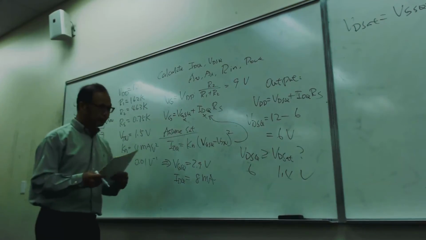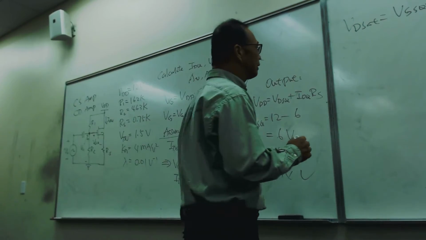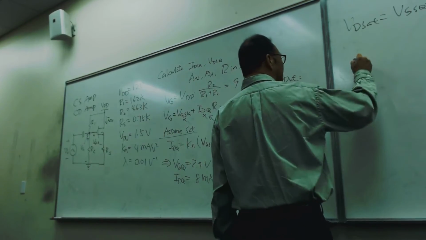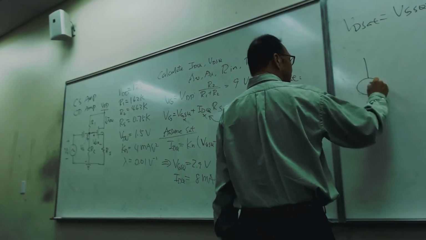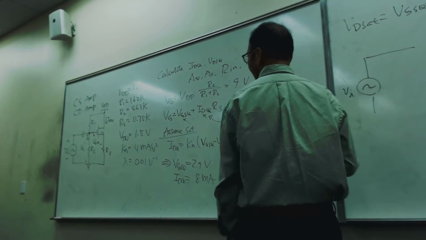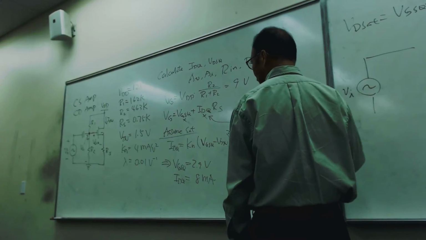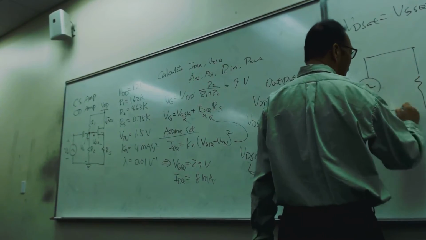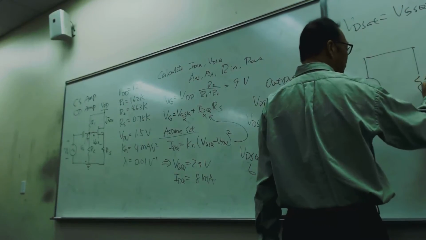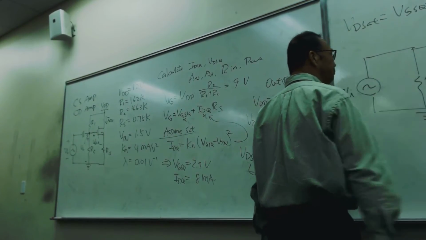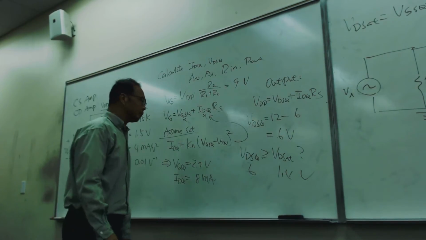Okay. Then we can go to the AC analysis, right? So from the left, you have V sub I, right? And then capacitor is a short circuit for now. And then you have R1 in parallel with R2, right? And then it's connected to the gate of the MOSFET.